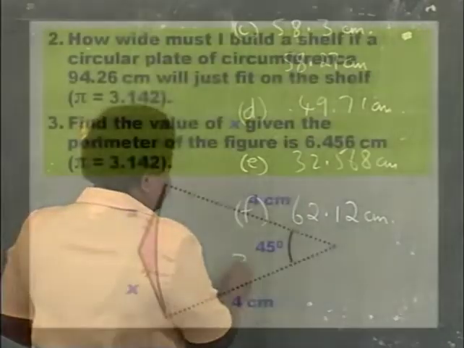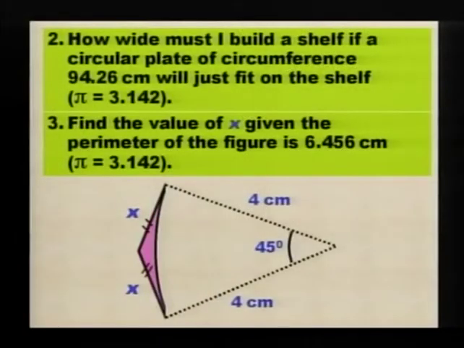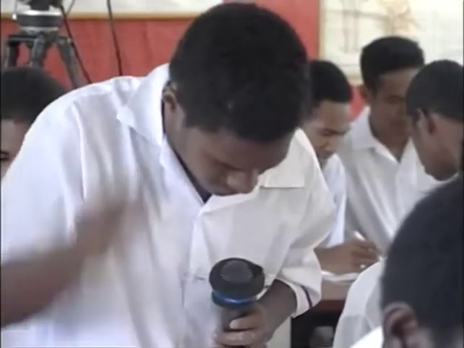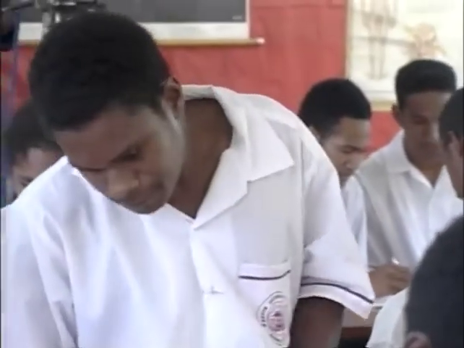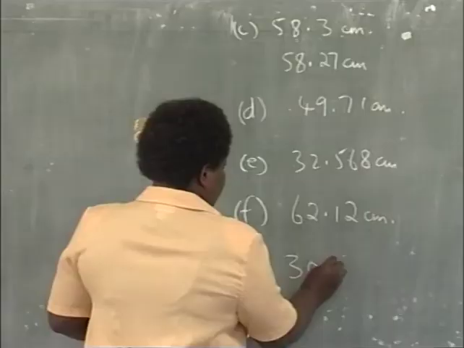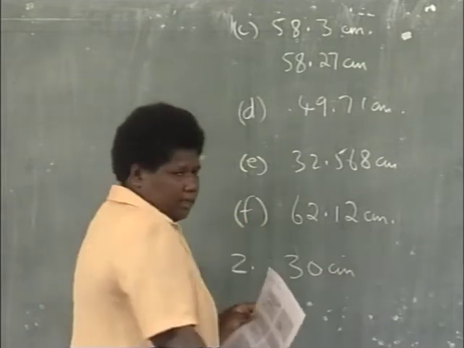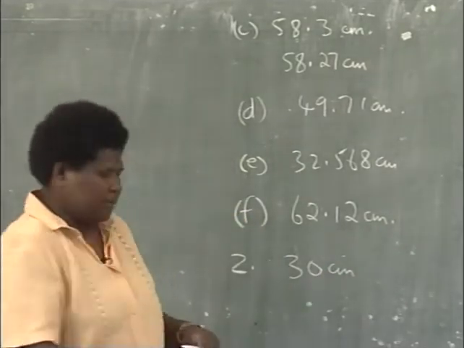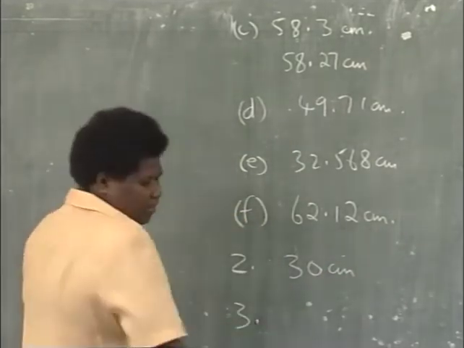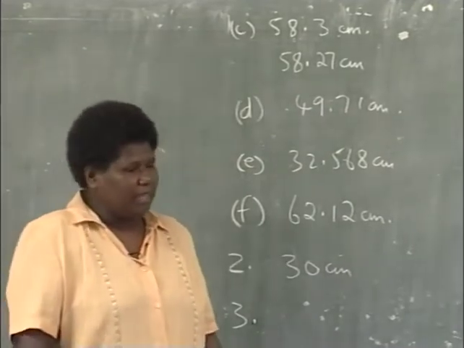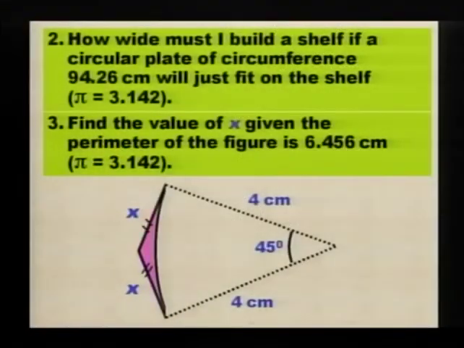Question 2. Peter. 30 centimeters. It's exactly 30 centimeters. Okay, number 3, you have to find the value of x given the perimeter of the figure is 6.456.